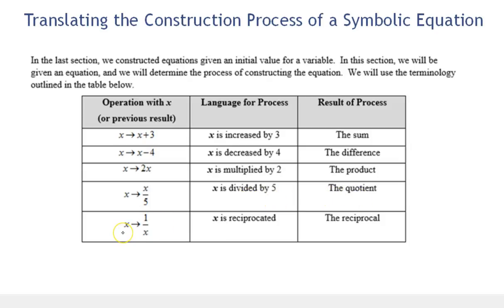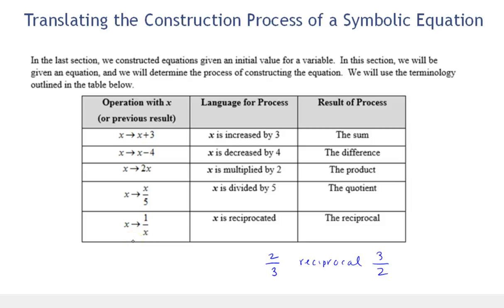Then we have one more that you may not be as familiar with, so let's look at an example. Remember from fractions, if you had 2/3, the reciprocal is when you rewrite the fraction 2/3, reversing the numerator and the denominator. This is a process we may need to do in our algebraic equations.